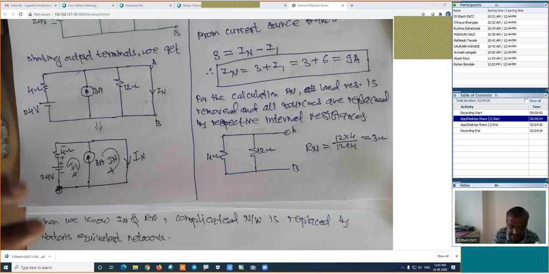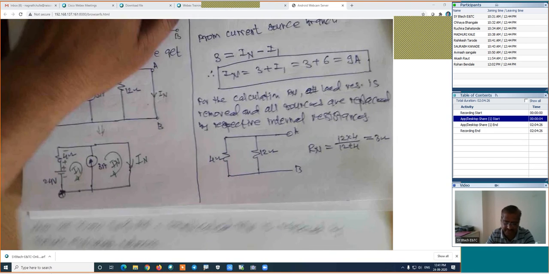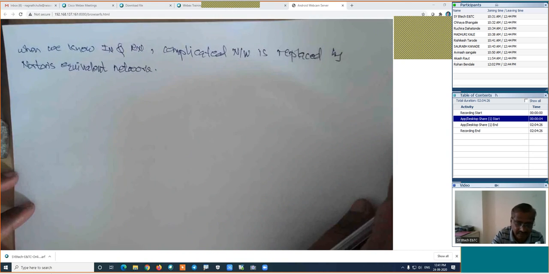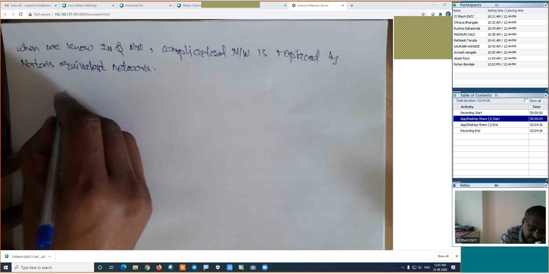This is right. How is the Norton's equivalent network? I will draw. This is the Norton's equivalent.